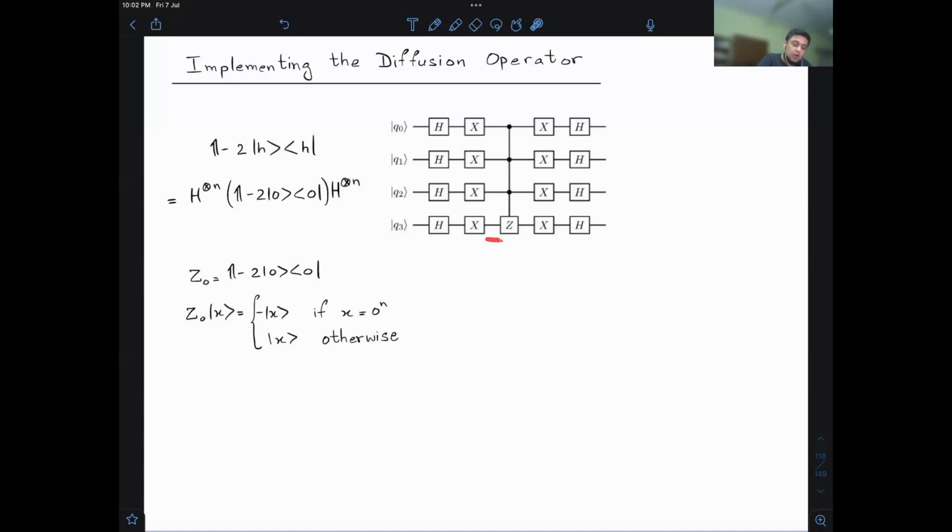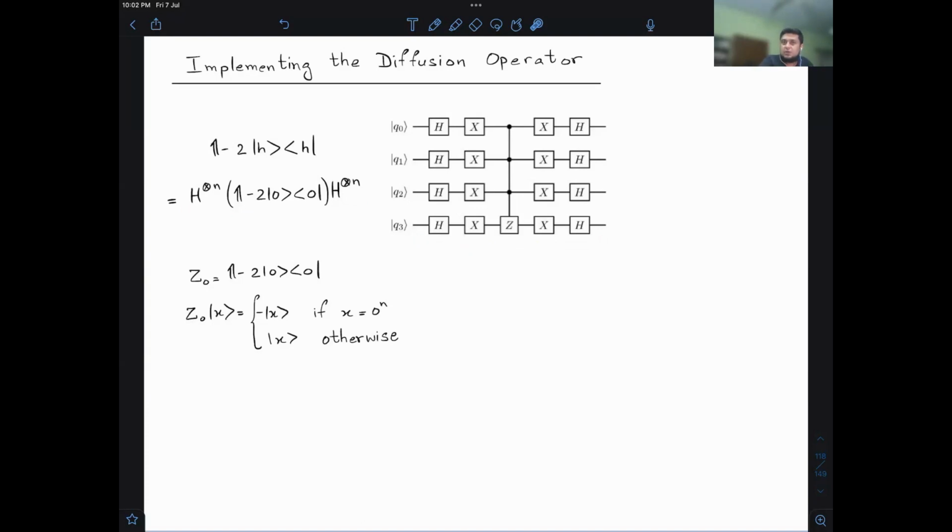But if the state was a 1 because of the transformation by x, then Z applied to 1 will become minus 1, hence introducing the minus sign that we're looking for. So this entire part of the circuit is implementing Z naught for us, and then Hadamard layered on the front and the end allow us to conclude that this entire transformation is given by this circuit. All right.